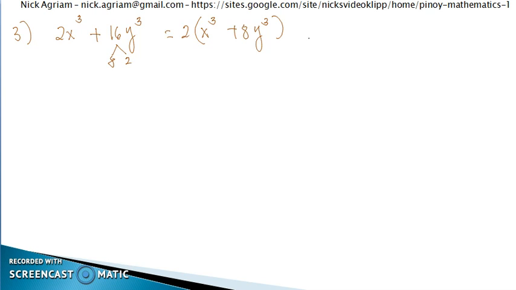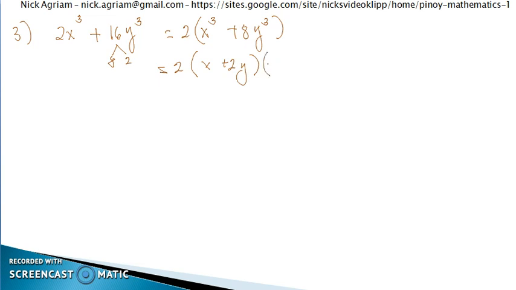Now we are ready. So we have 2 multiplied by the binomial first, x plus 2y. 8 is 2 times 2 times 2, that is 2 raised to the third power.